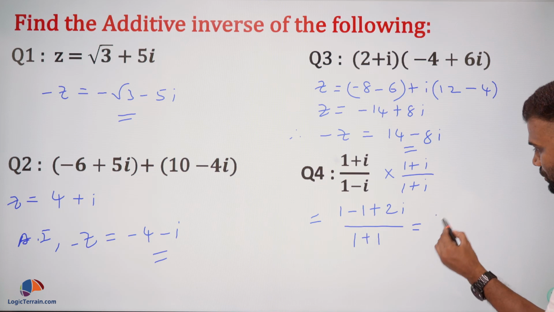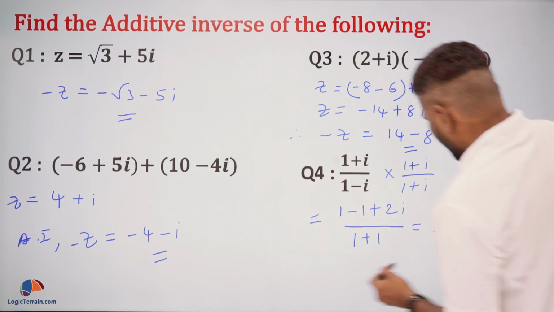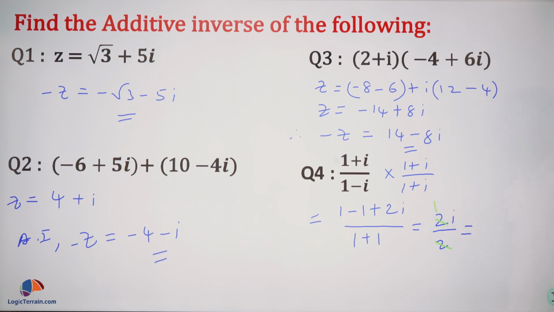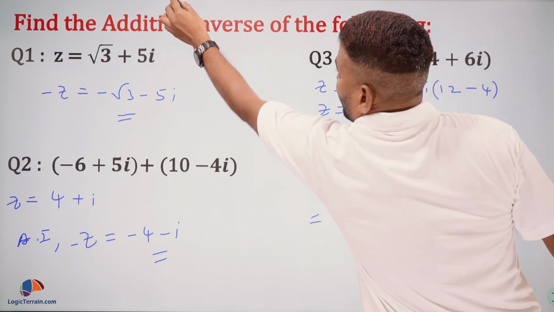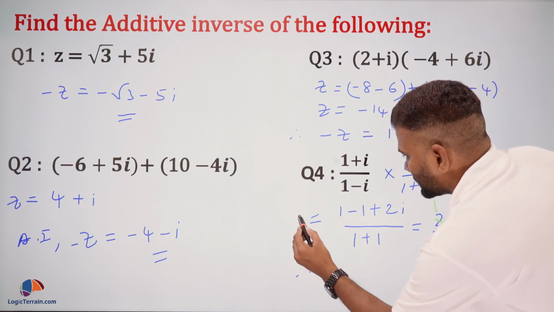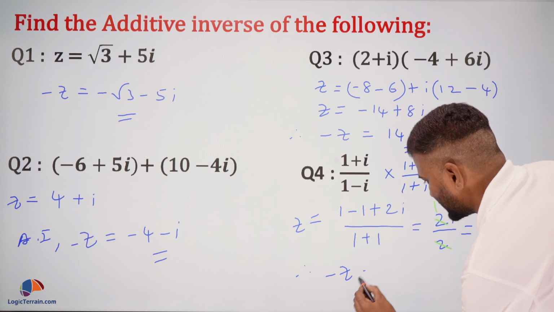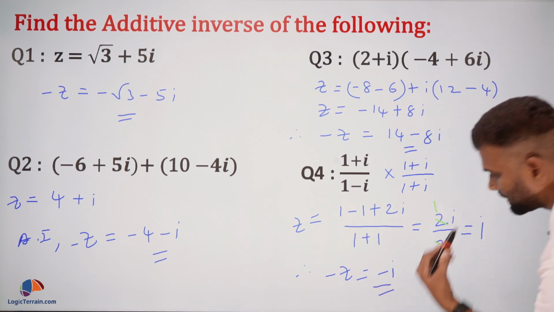This becomes 2i upon 2. Here 2 divides 2 one time, then we got i. Therefore, this is z. Then the additive inverse negative z is equal to negative i.